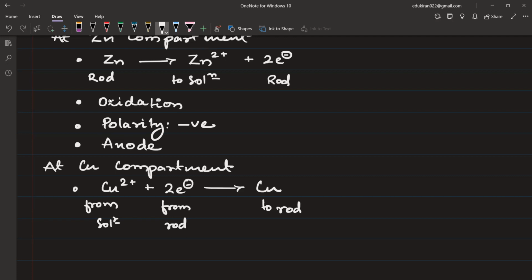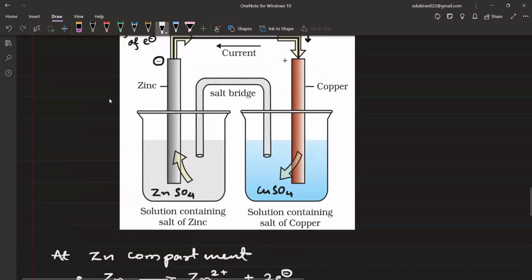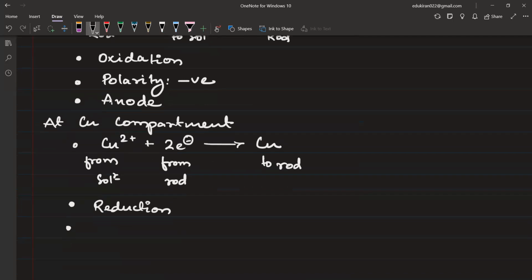Now, what is happening here? Here we are seeing reduction. And what will be the polarity here? See, this particular rod is attracting the electron, so it should obviously be positively charged. The polarity should be positive right here.